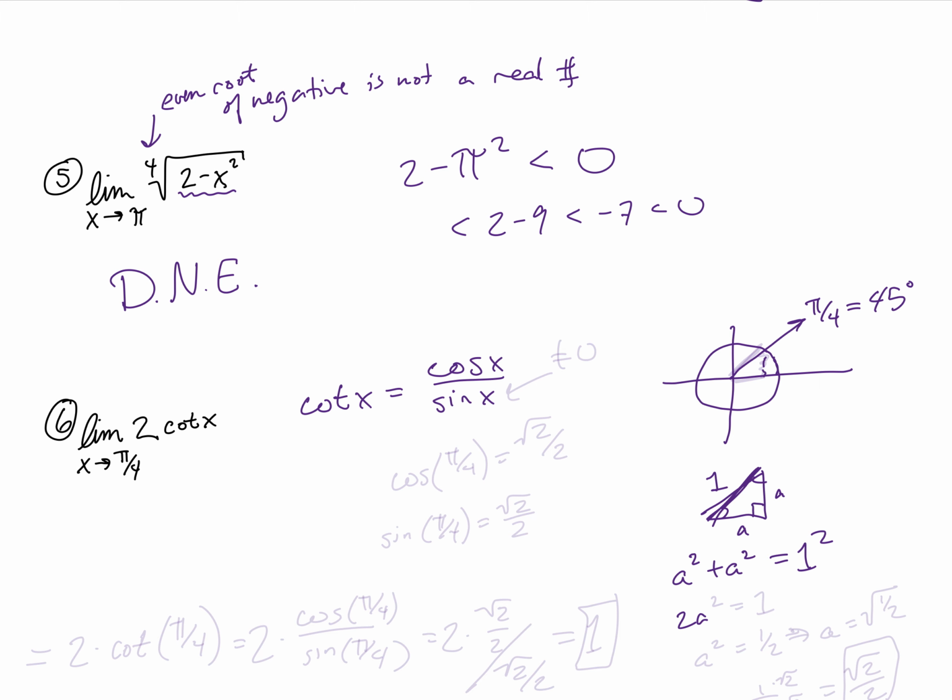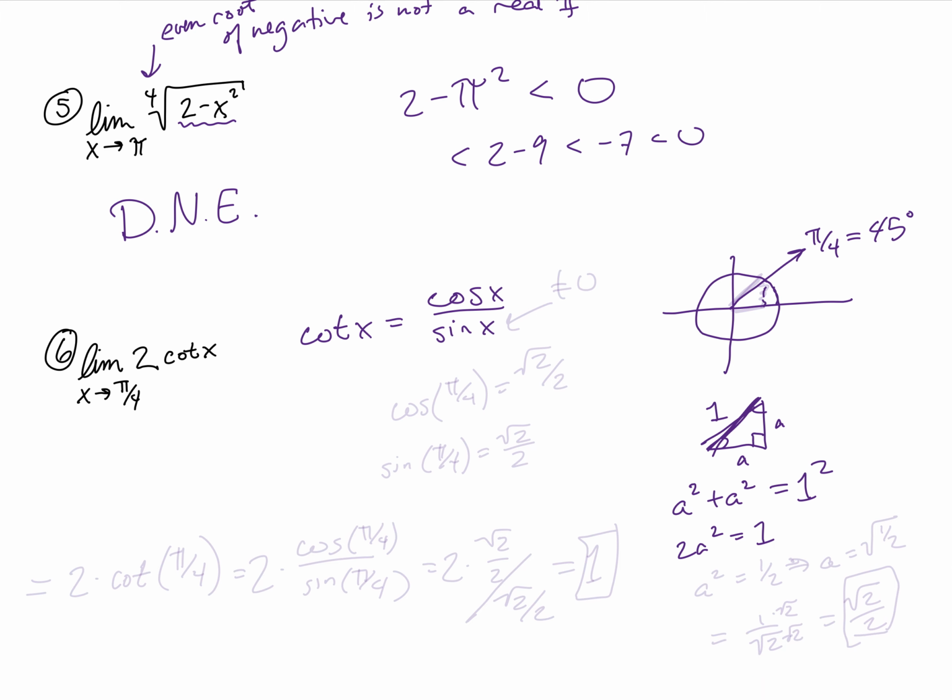So 2a squared equals 1, and so a squared equals 1/2. That tells us that a is equal to the square root of 1/2, or a lot of people prefer to write that as 1 over square root of 2, and many people prefer to multiply by square root of 2 on the top and the bottom to give us square root of 2 over 2.